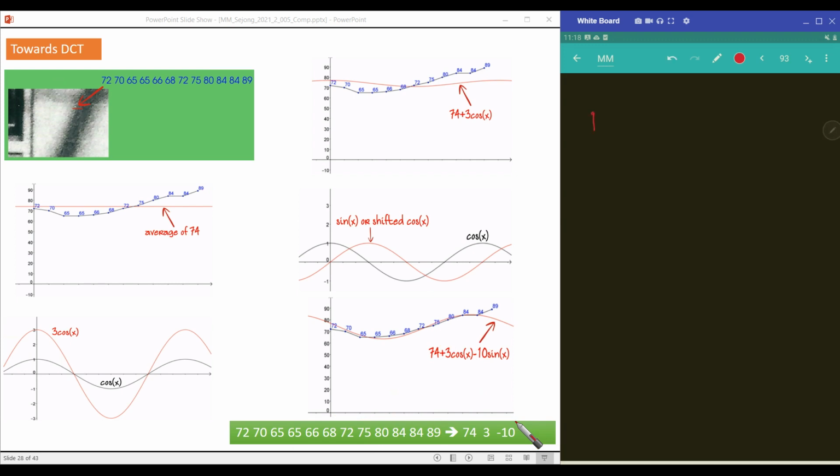The DCT means discrete cosine transform.